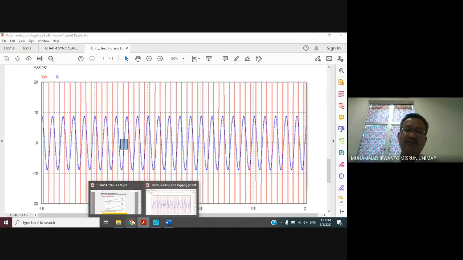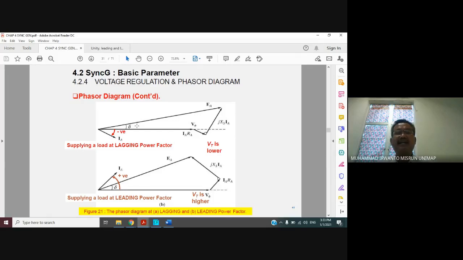For the lagging power factor, the phase voltage is the reference. Then we know that the lagging current has an angle from the power factor that is negative, so you draw it downward. Okay, that finishes the IA.